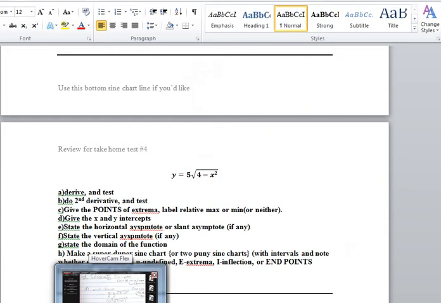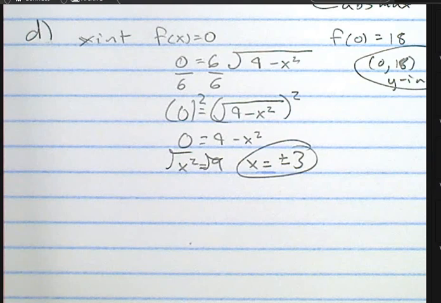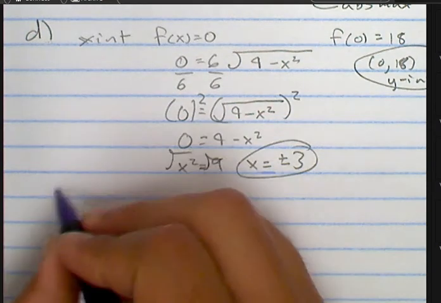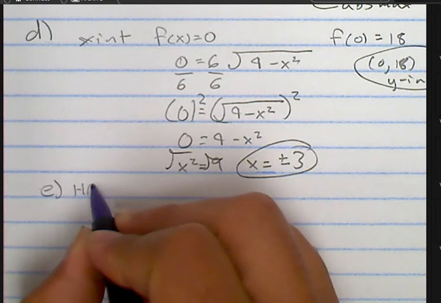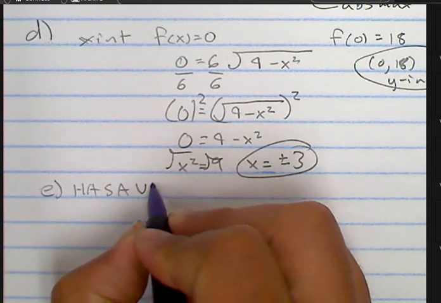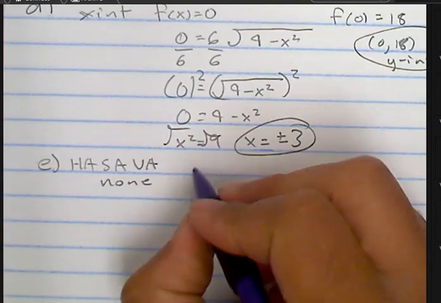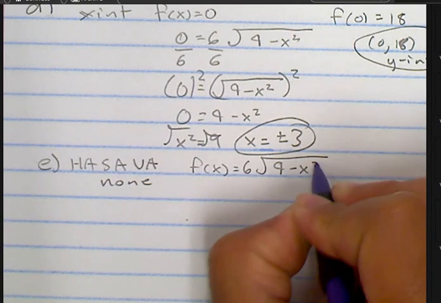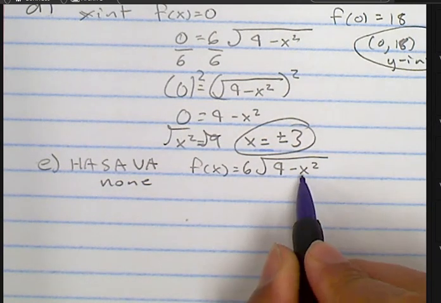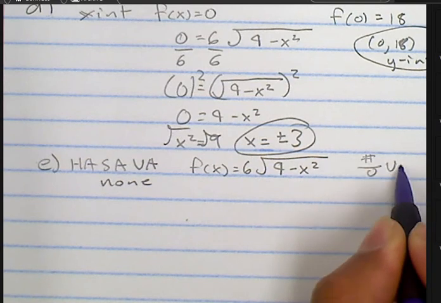Horizontal asymptote or slant asymptote or vertical asymptote, there are none. Okay, because we cannot have a number over 0. There's no way that you can get a number over 0 here for a vertical asymptote.